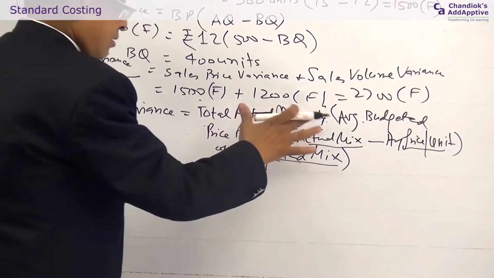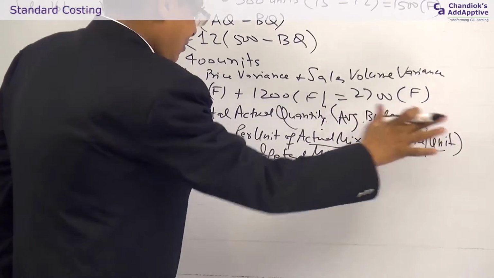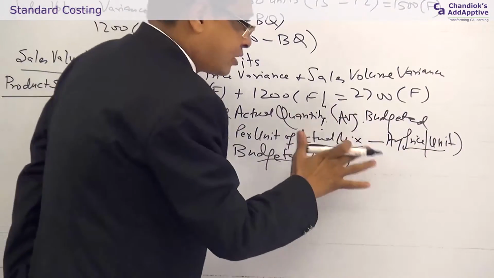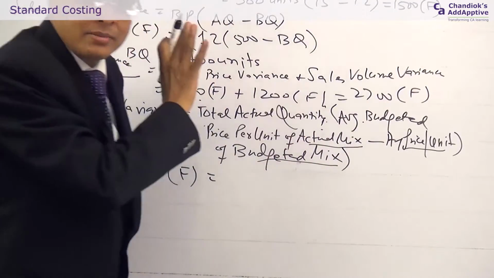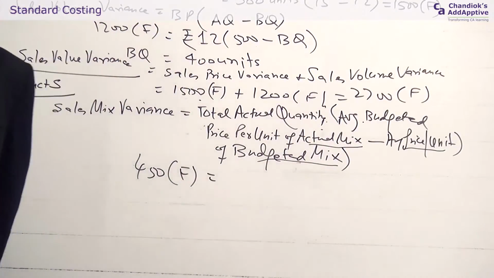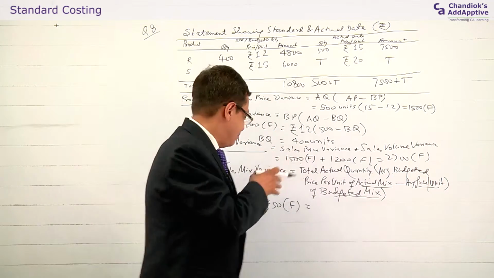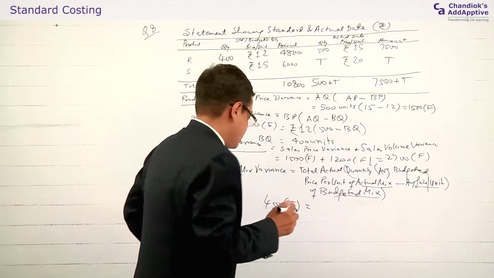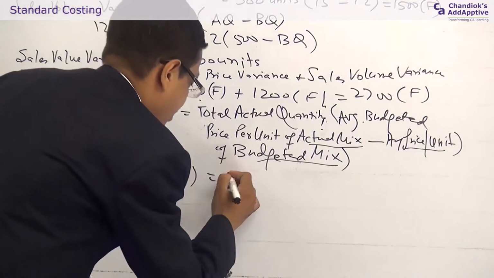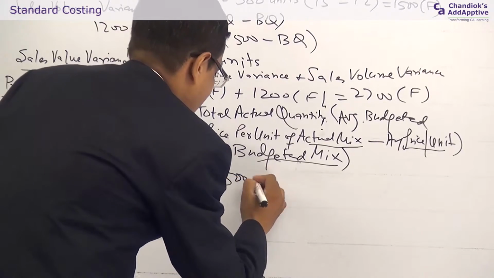Outside, actual quantity is there; inside, average budgeted price per unit of actual mix and average price per unit of budgeted mix are there. So, I am using Hindi to make you understand, firm up this thing, because on this basis the calculation is going to be solved.